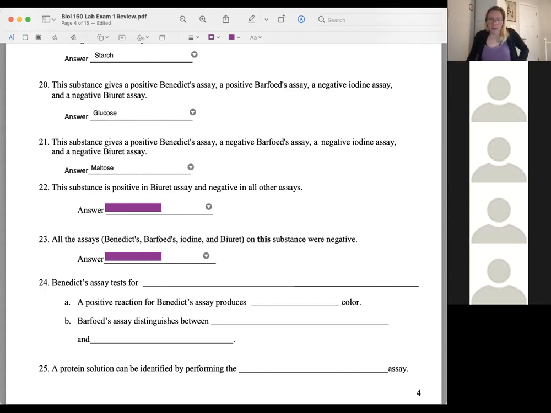Okay, Eric, I see you say you're a bit confused how iodine and biuret determine the solution. If I recall correctly, the iodine reacts to the branching of the starch molecule.